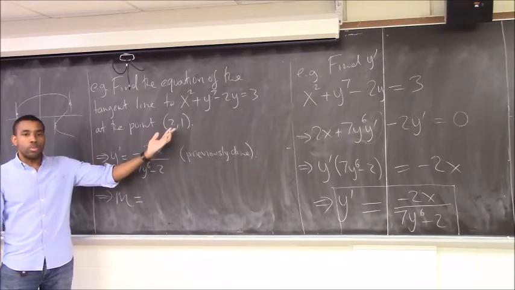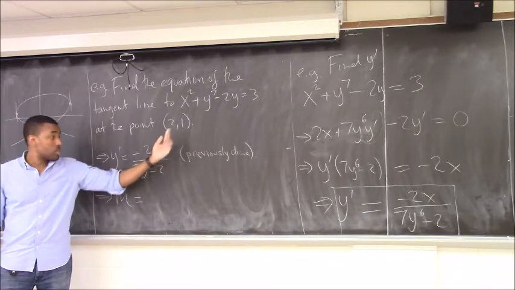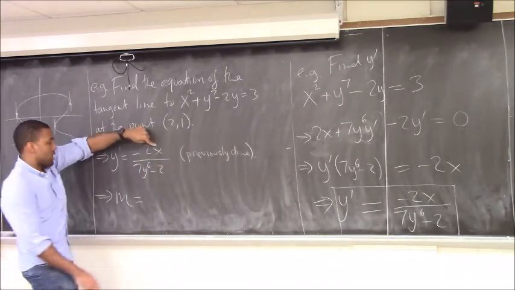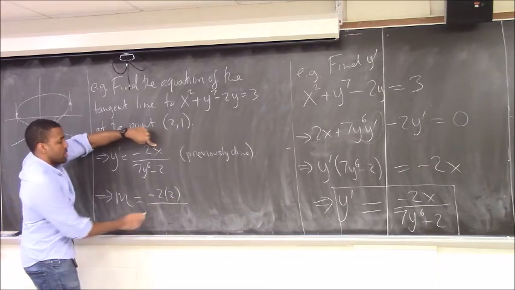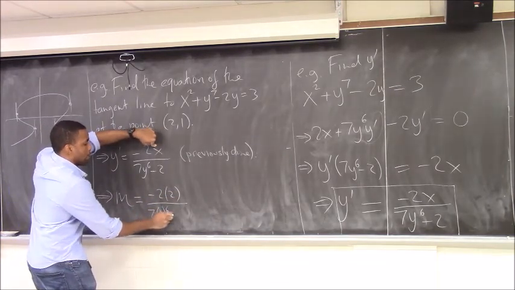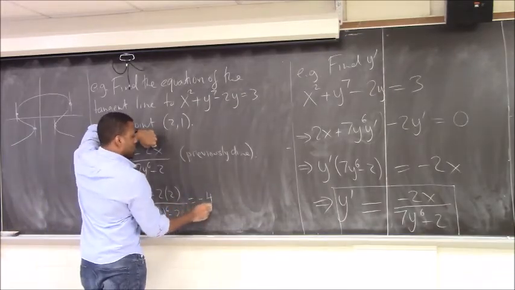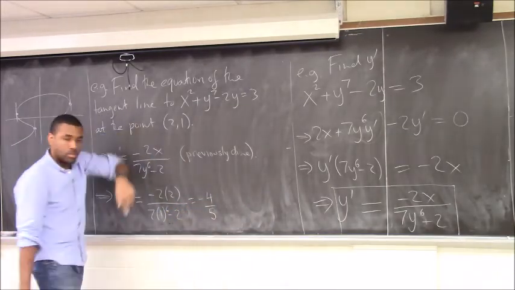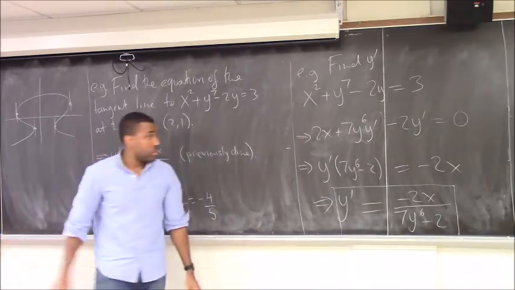In this case though, before we only had to plug in x values. Now we're plugging in both the x and the y values. So I can plug in the x value here, which is 2, over, I'm going to plug in the y value, which is 1. So my slope now becomes minus 4 over 5. So what's the equation of my tangent line?